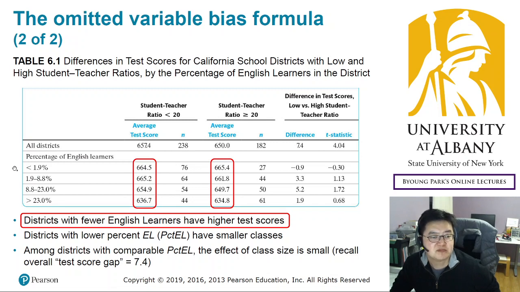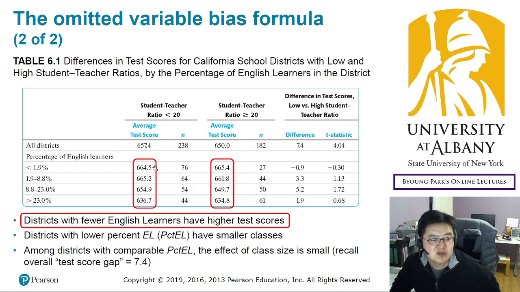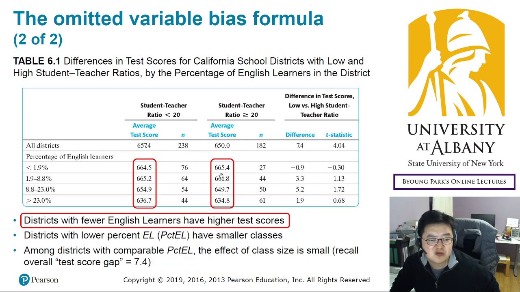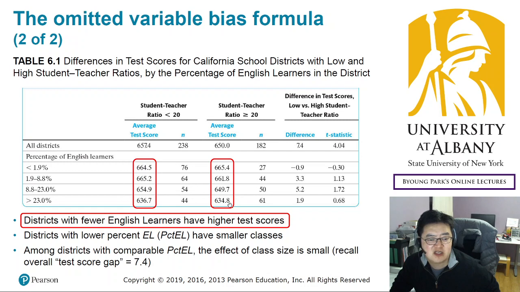And as you go down, more ESL students, and there is a clear pattern in the average test score. So the test score has a clear decreasing trend here. The first two rows are similar, but there is a clear drop from here to here, and another bigger drop here to here.